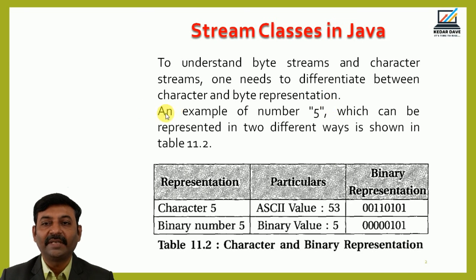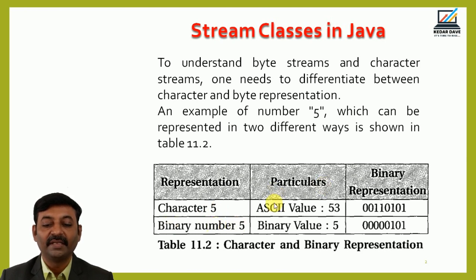Here one example is given, that is an example of a number. That number is 5, and it can be represented in two different ways, as shown in this table. First of all, the representation of the character 5 and the binary number 5.